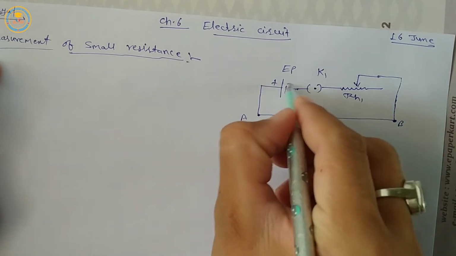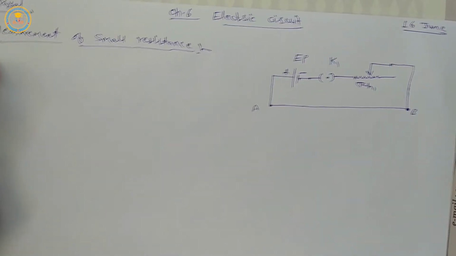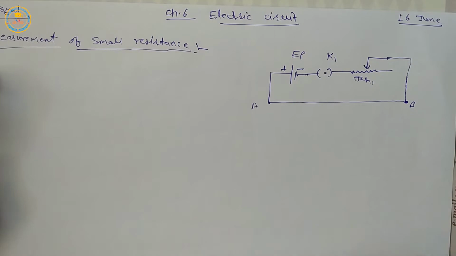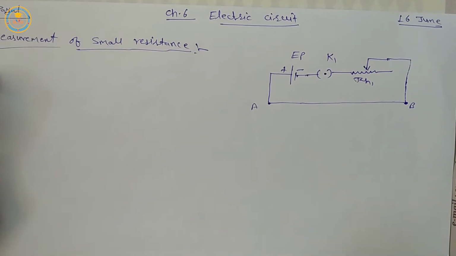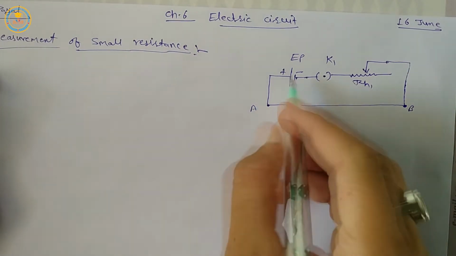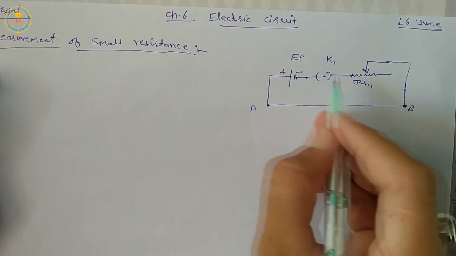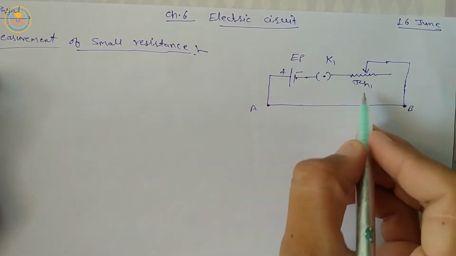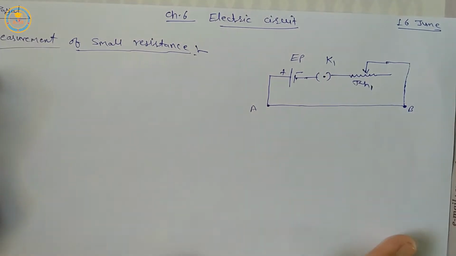This is the primary circuit of a potentiometer. This remains the same in all applications, so learn it carefully. This is a cell EP, this key K1 and rheostat RH1.